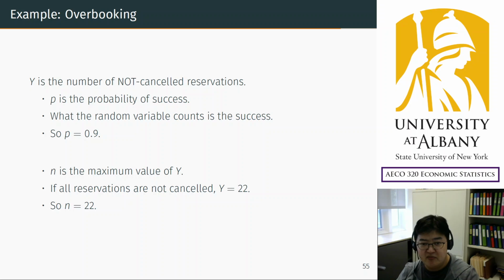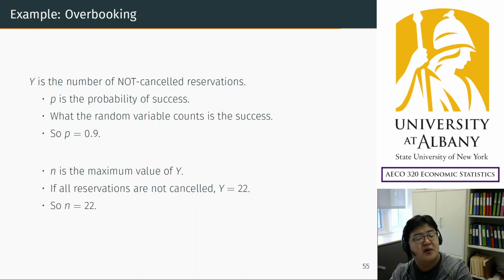And then our parameter was defined as the probability of success, but the success is now defined as non-cancelled reservations. So the parameter is the probability of non-cancellation, which is 90%. So it's tricky. We are looking at the other side of the cancellation.